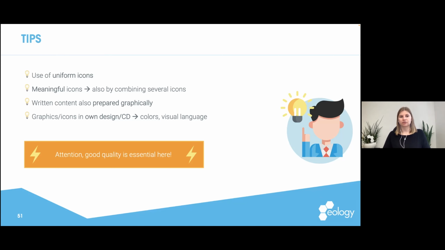The graphic and icon should have their own design in color and visual language. And what is very essential is good quality. You have different screens, different websites, different quality of screens. So the graphic should definitely be pretty good so everybody can read it. Even if you zoom in or zoom out, it has to be viewable, really good.